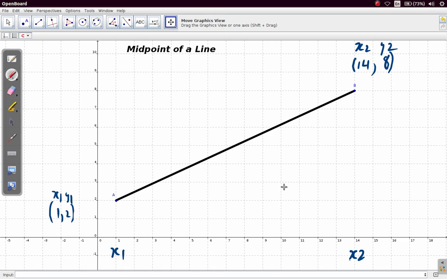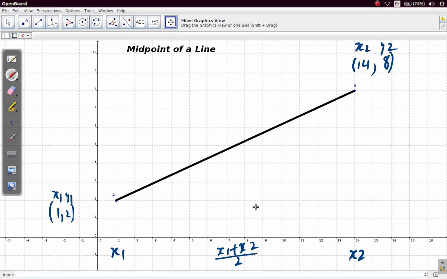All right? We need to go halfway between x1 and x2. So we calculate the average, the arithmetic mean of x1 and x2. Let's try that. So, somewhere around here is x1 plus x2 divided by 2.